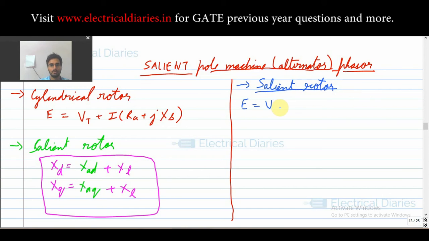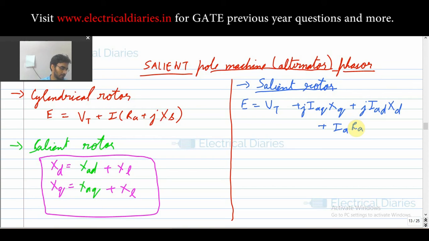Okay, so E is equal to Vt plus jIaq Xq plus jIad Xd, that is armature current taken along the D axis into Xd, and plus your armature resistance Ia Ra.